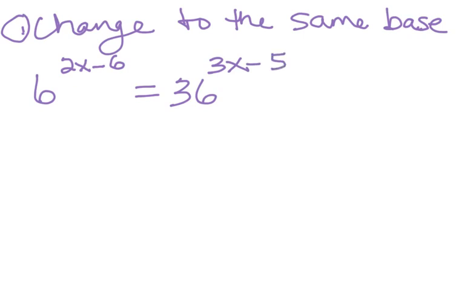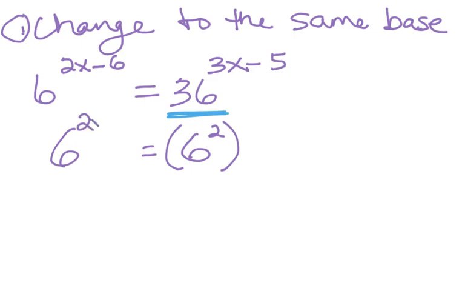You should be able to recognize that 36 is equal to 6 squared. So we're going to rewrite it like this. Everything else stays the same. But if you remember your power rules, if this is 2 raised to this power, then these are going to multiply together.